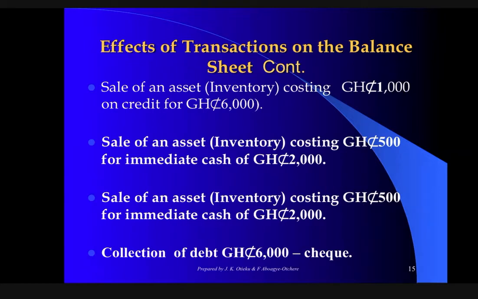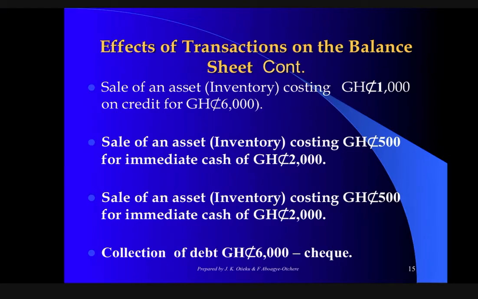But you realize that I keep telling you that let's follow the steps. When you read a transaction, ask yourself, what are the items that I see here? So the first thing, you don't even think of asset, liability, or equity. The first thing you think about is what are the items involved in this transaction I just read. Once you're able to identify what the items are, then the next step is to do the classification.